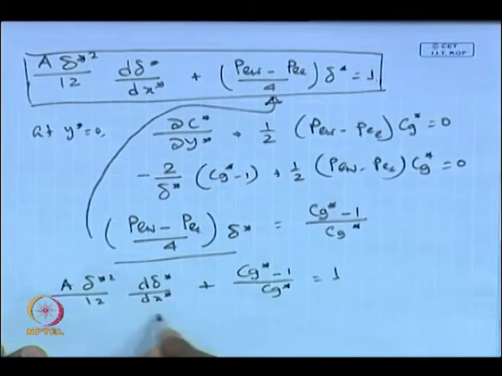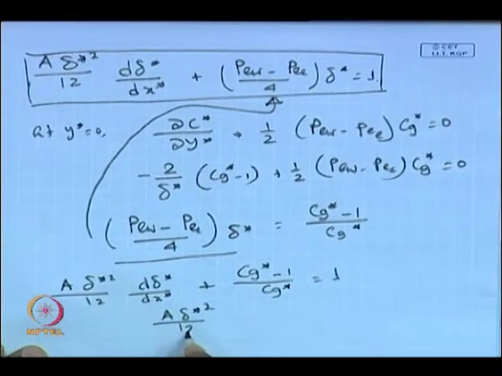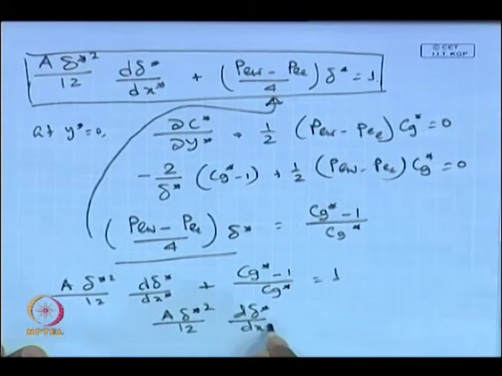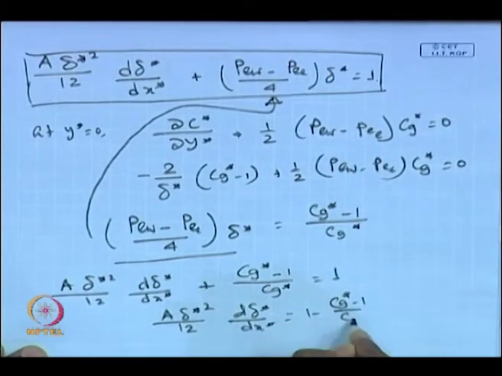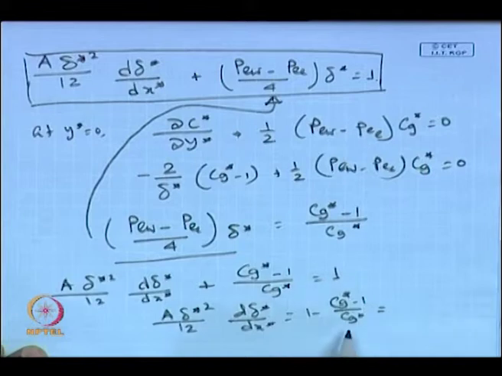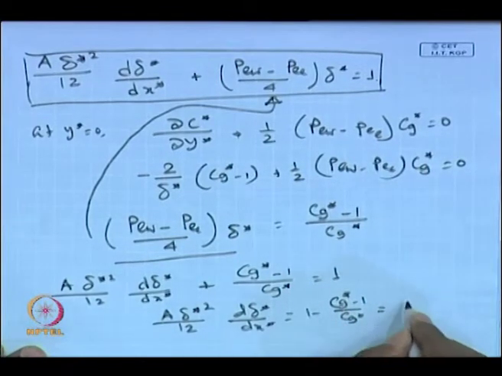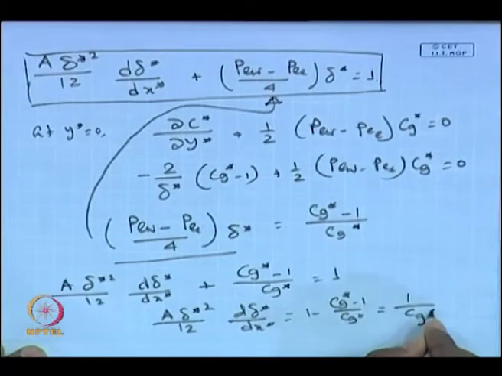So, you take it on the right hand side, you will get delta star square divided by 12 d delta star dx star is equal to 1 minus Cg star minus 1 divided by Cg star. If you simplify this, the Cg star in the numerator will cancel out, it will be minus minus plus 1, and this becomes simply 1 by Cg star.